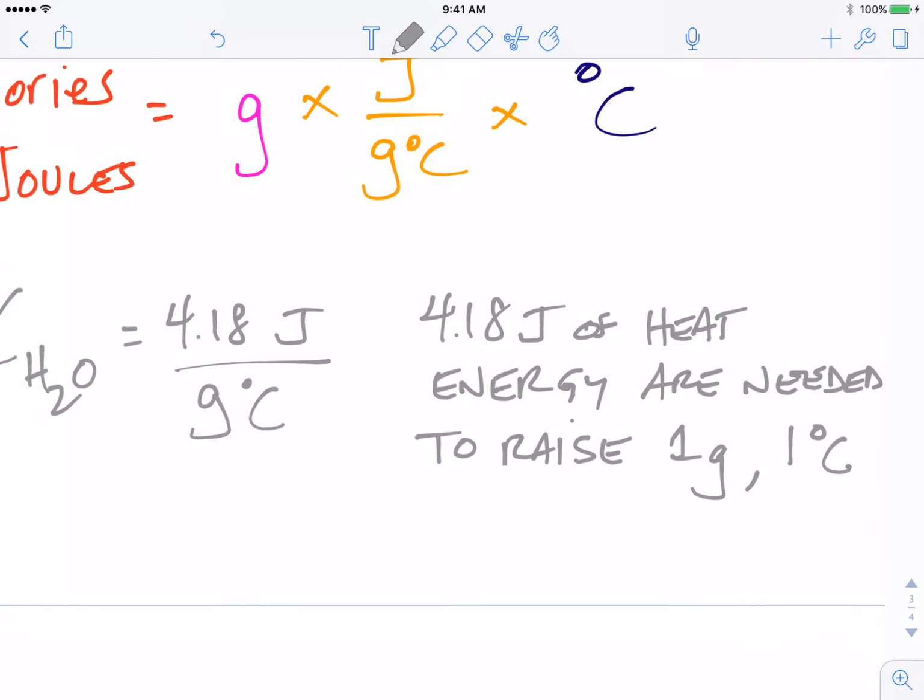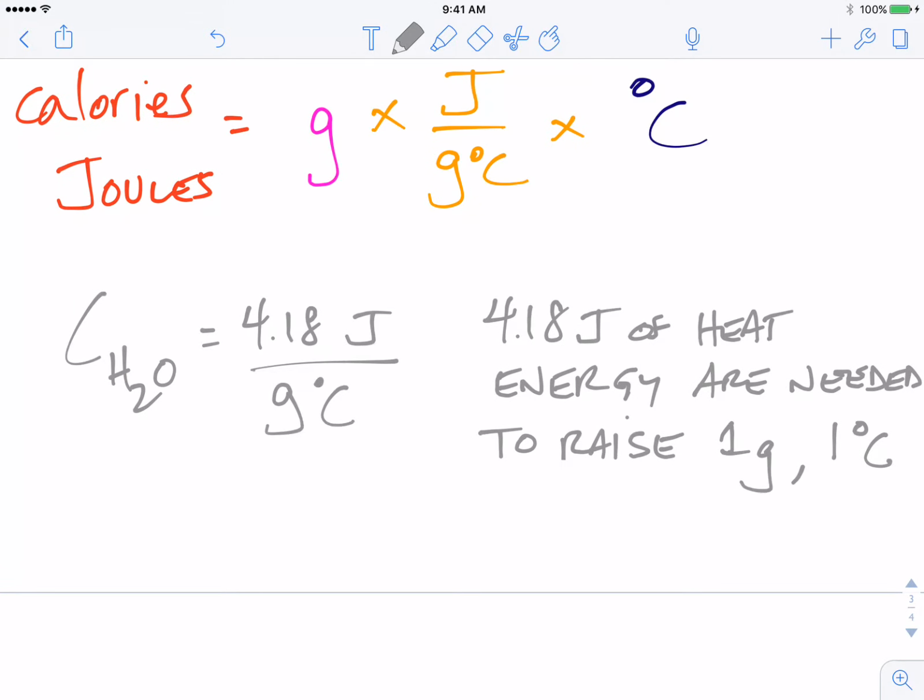So when we look at a value of something and it says it has a specific heat value in joules per gram degree Celsius, we don't put the ones in the denominator because we know ones in the denominator don't change the value. But what it does mean is that it tells you how much energy is needed to raise 1 gram of a substance 1 degree Celsius.